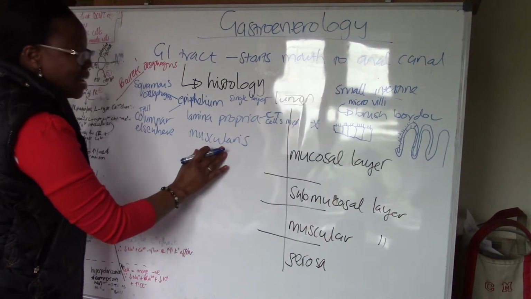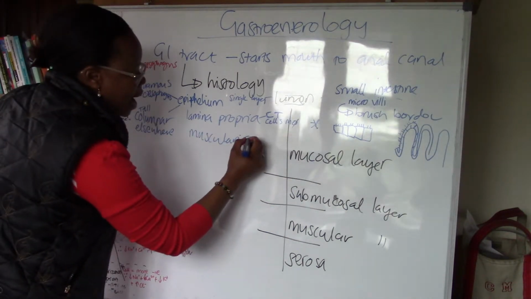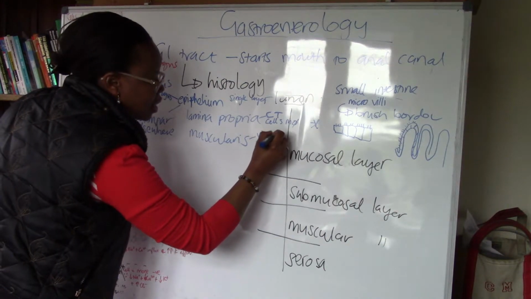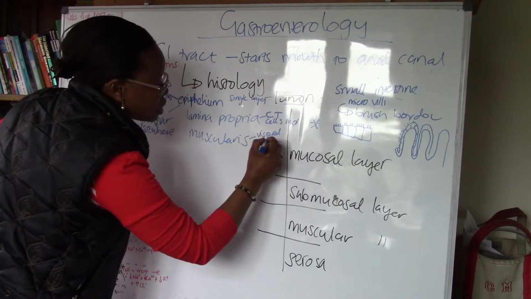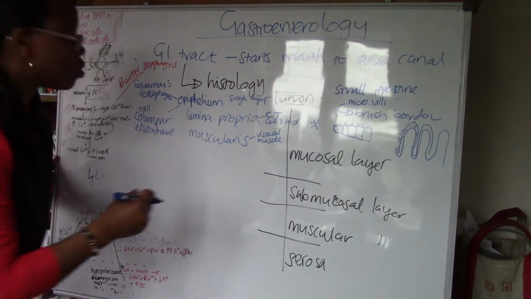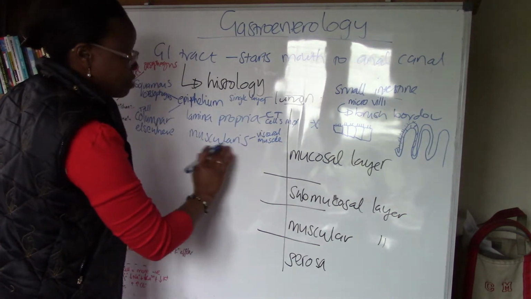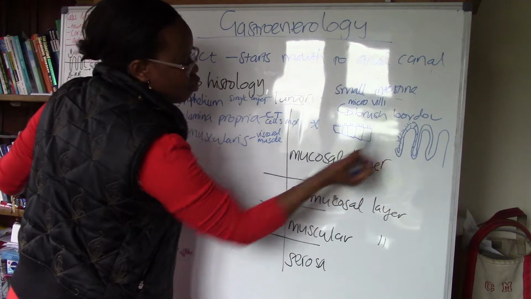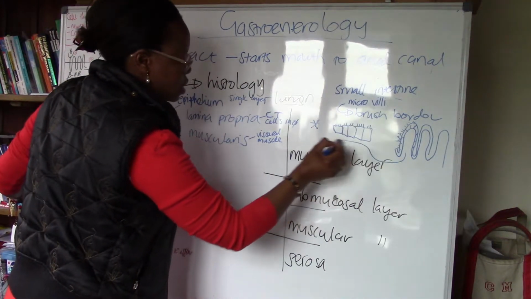And then the muscularis layer of the mucosal layer is simple visceral muscle. That muscle layer is responsible for the movement of the villi in the small intestine.